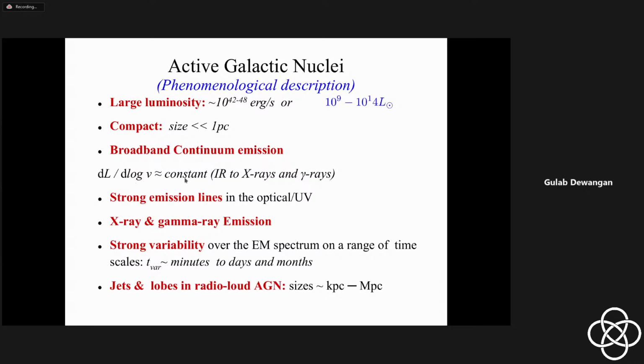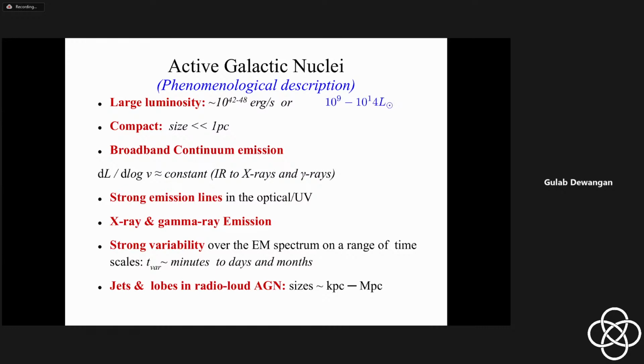The radio-loud AGNs also emit very strong radio emission, and the blazars also emit very strong gamma rays, low-energy gamma rays as well as very high-energy gamma rays. Most AGNs show very strong emission lines in the optical and ultraviolet. AGNs are strong emitters of X-rays, and some are very bright in gamma rays as well.